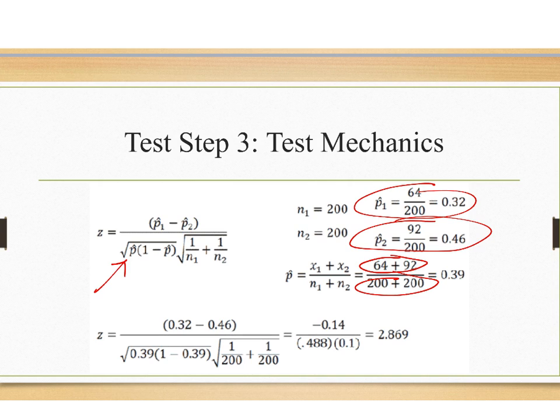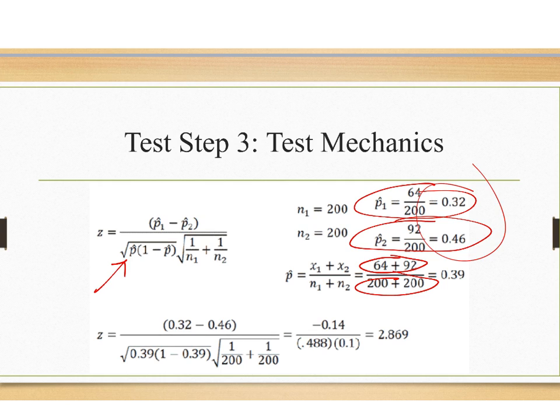If one of the n's is bigger than the other, then it's kind of the weighted average of the two. If it was an n of 200 and an n of 100, then the 200 n would factor in more to that pooled p hat because it has a bigger portion of the overall combined sample size. That pooled p hat is what this p is in the denominator, so you can see how this formula worked.